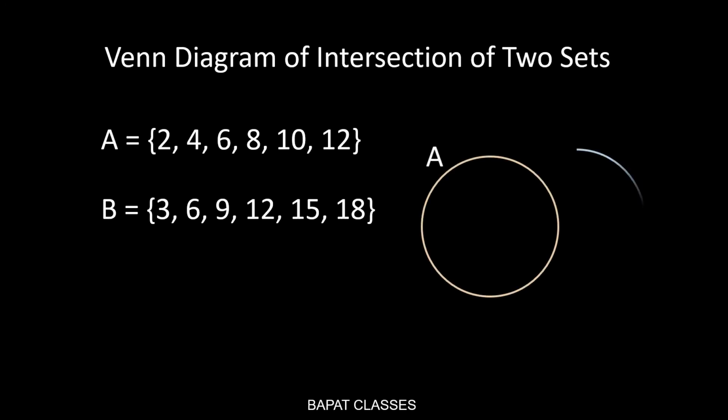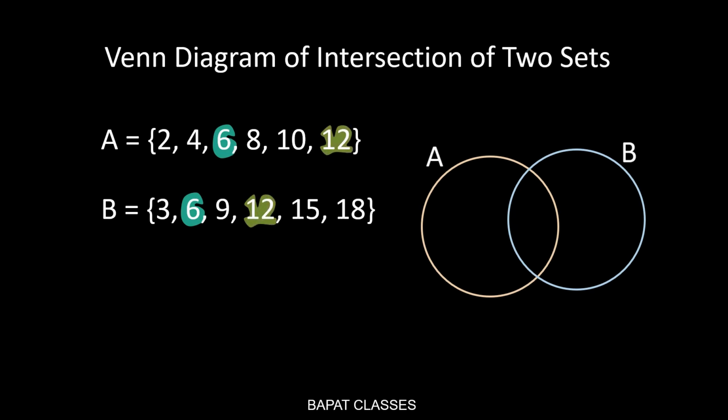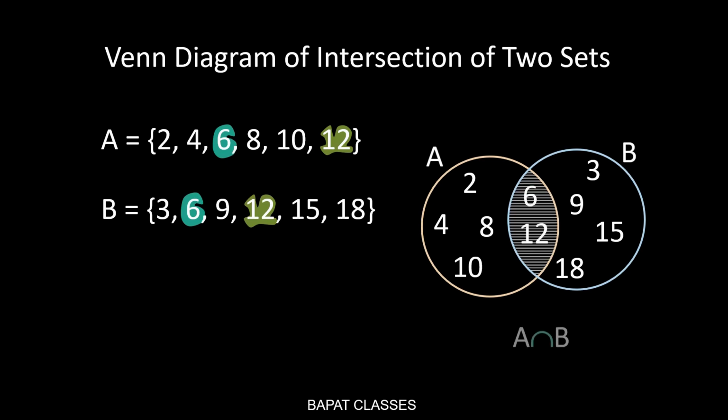Here sets A and B have two elements in common, 6 and 12. So first write elements 6 and 12 in the common region. Then write remaining elements of set A and B on left hand side and right hand side of the common region respectively. Shaded region in the Venn diagram represents A intersection B.